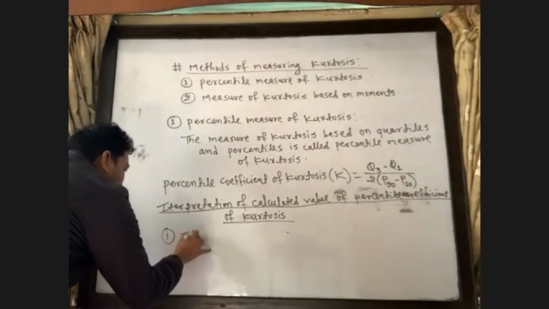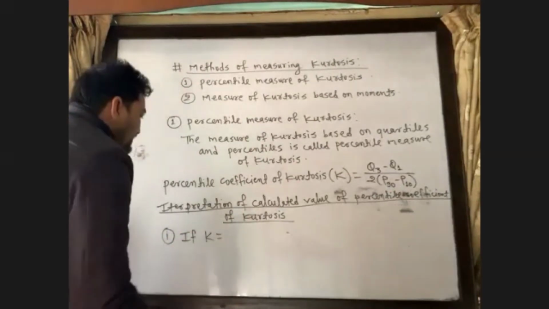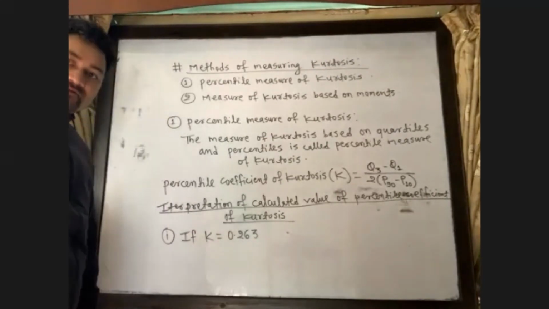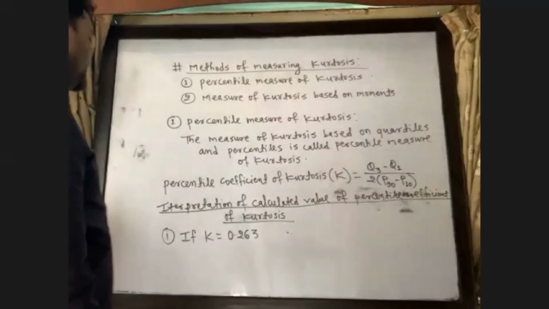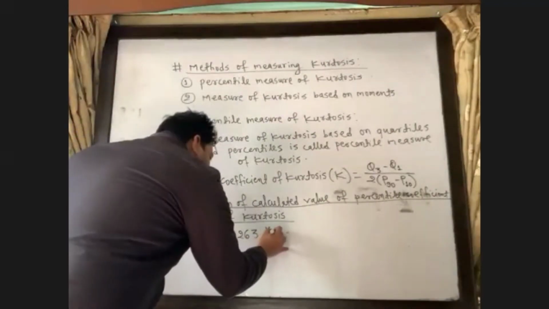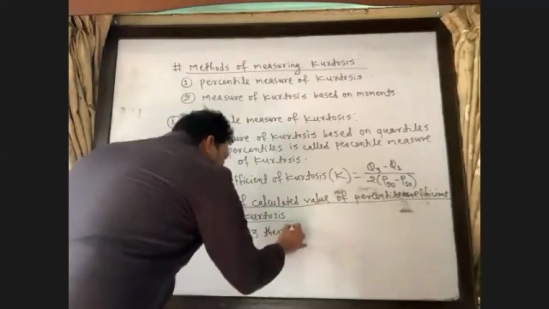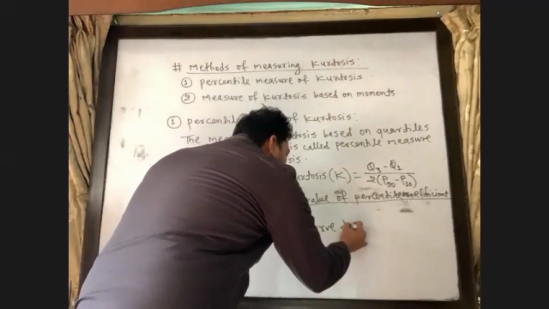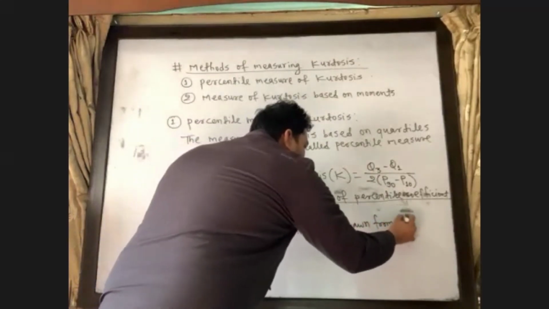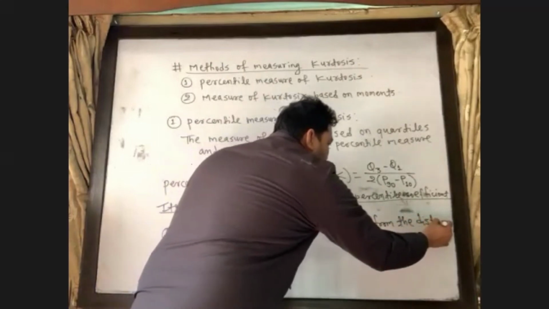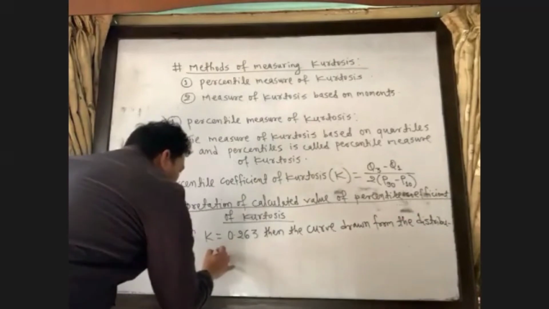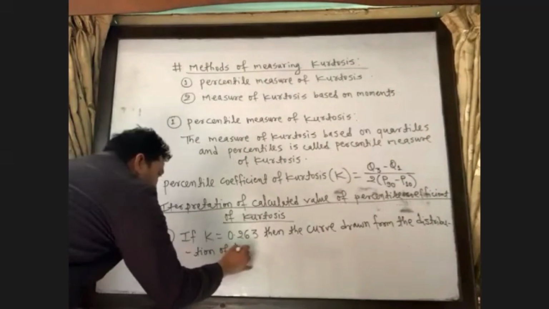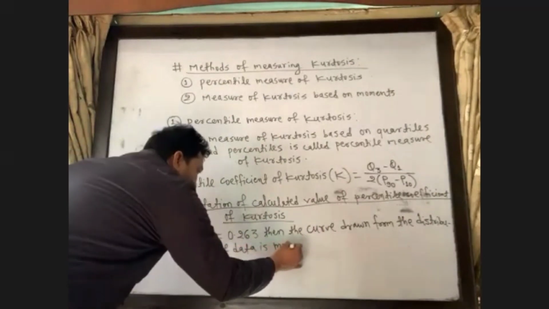यसमा चाहिँ if k को भ्यालु चाहिँ exactly 0.263 आयो भने, if k is equal to 0.263, then the curve drawn from the distribution of data is mesokurtic.